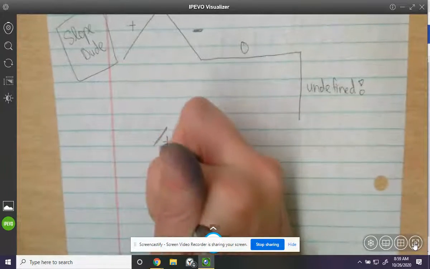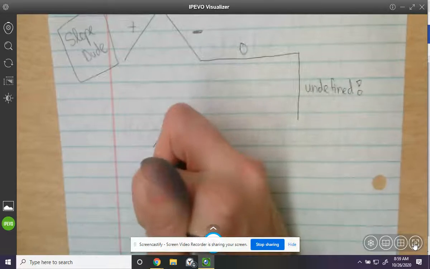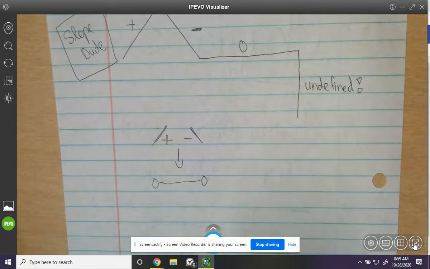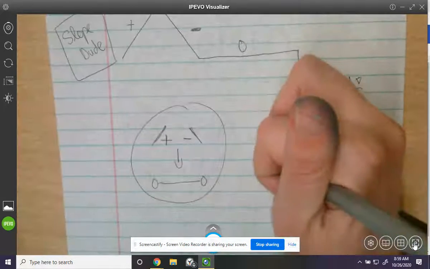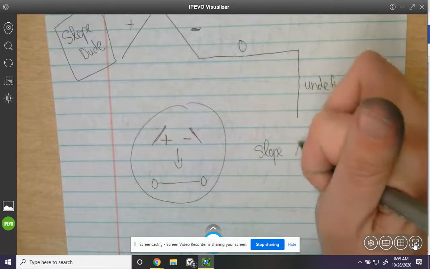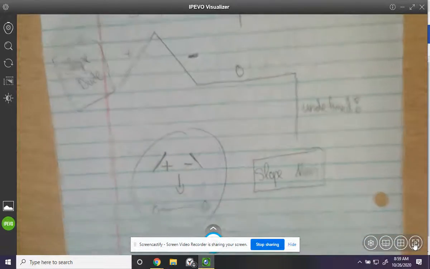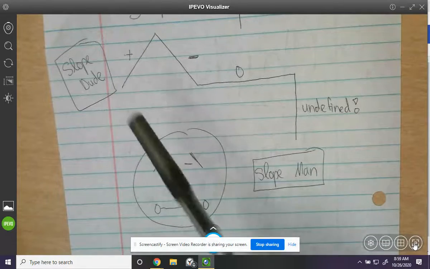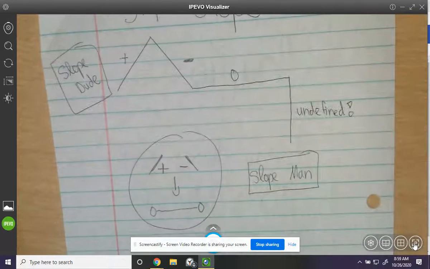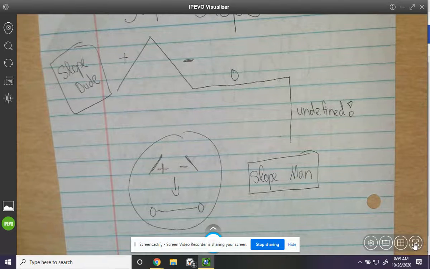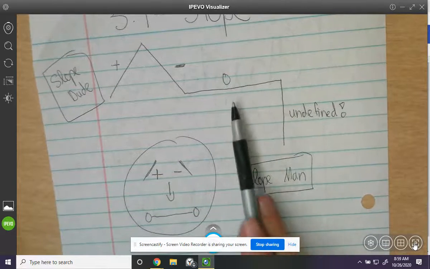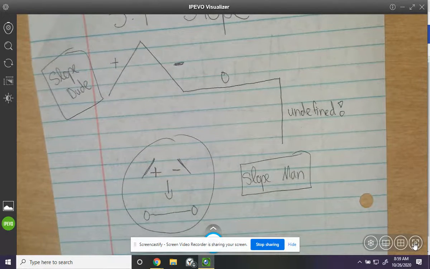And his mouth is pretty straight, and that is a 0. Those are dimples. So that is Slope Man. A lot of people, when we're doing these lessons for this chapter, will draw one of these at the top of their paper, just to remind them what negative and positive slopes look like, and so they don't get 0 and undefined flip-flopped.